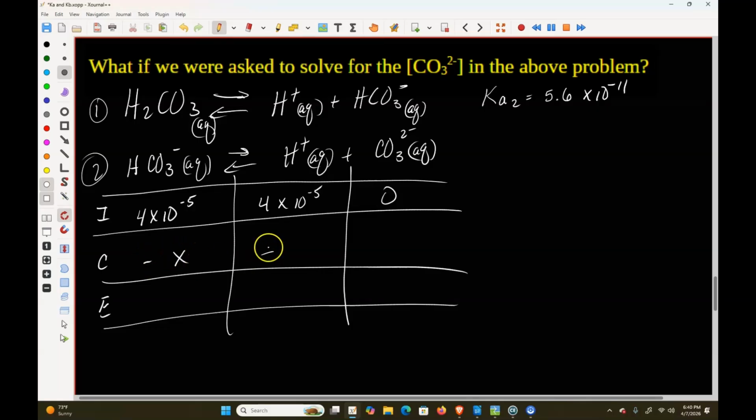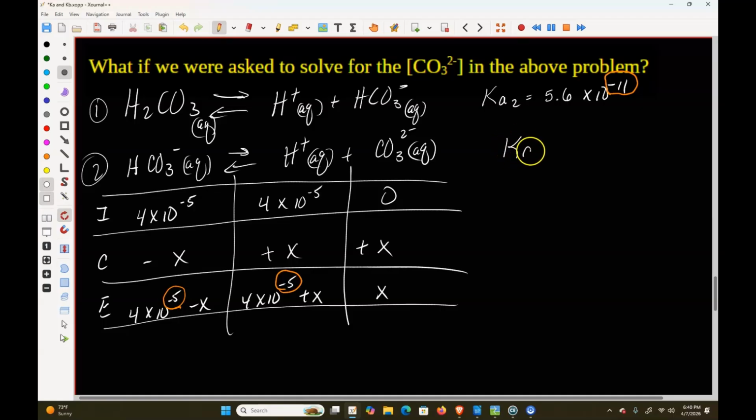So again, minus X plus X plus X. So I have 4 times 10 to the negative 5th minus X, 4 times 10 to the negative 5th plus X, and X. Okay, I'm assuming that X is going to be extremely small because my Ka value was to the negative 11th power here. And these are to the negative 5. So I'm going to not include those.